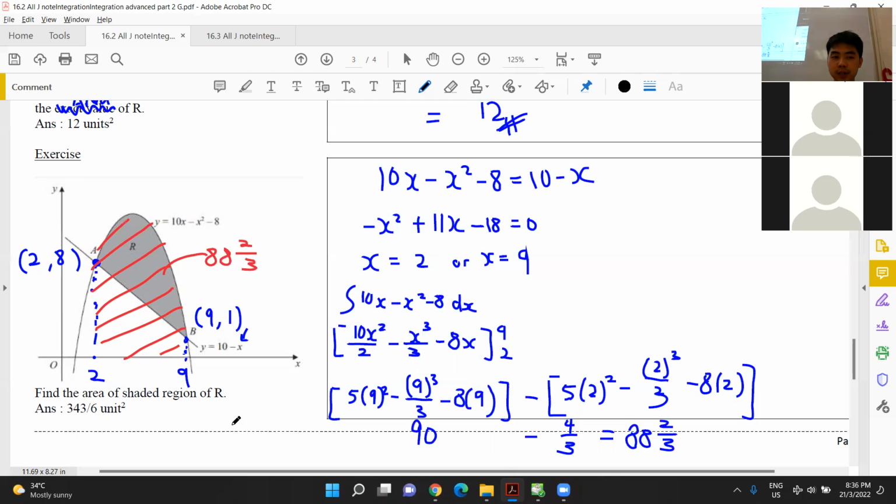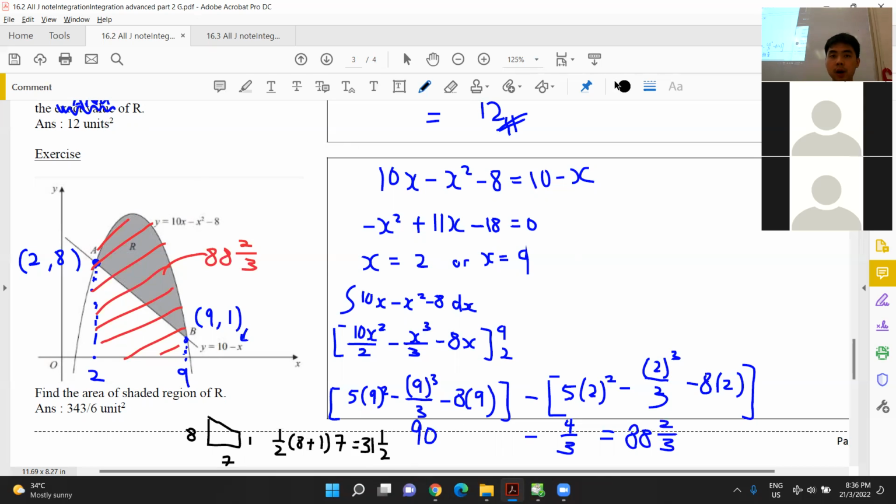So this trapezium has an area, if I draw it out like that, it is 8 to 1, and then here to here is 7. Trapezium formula is half times A plus B times height. This is 31.5.